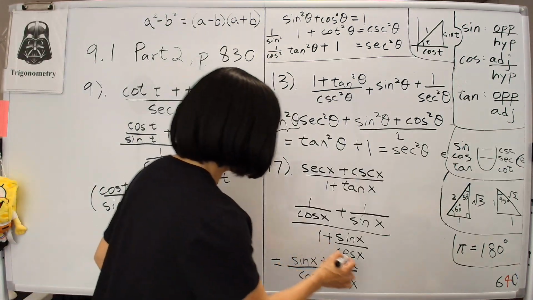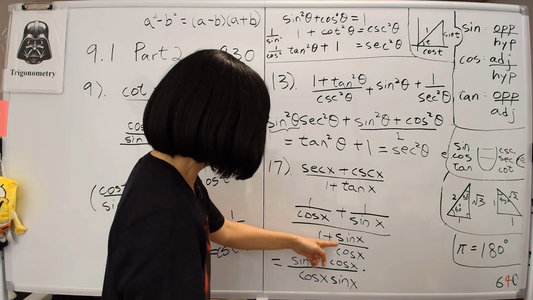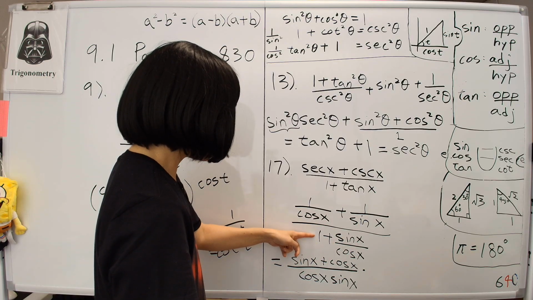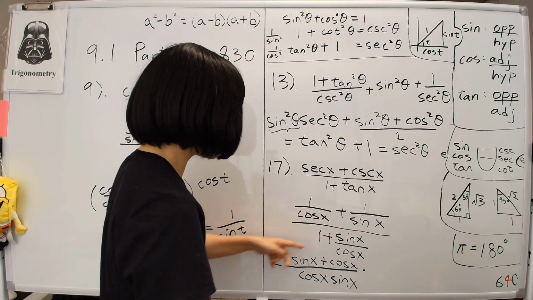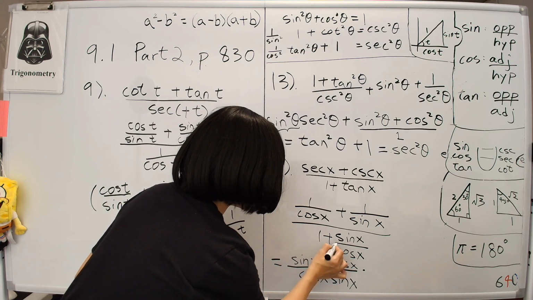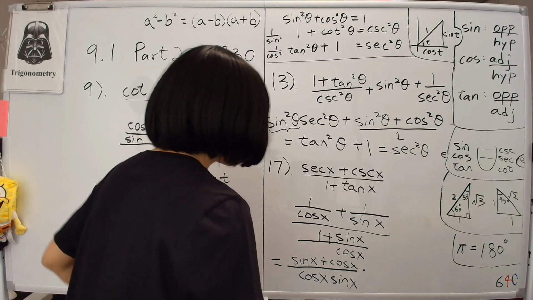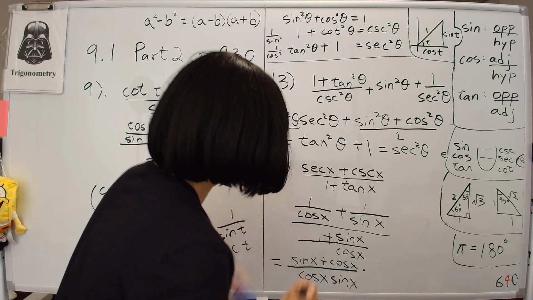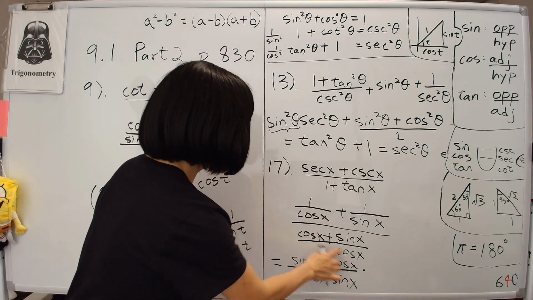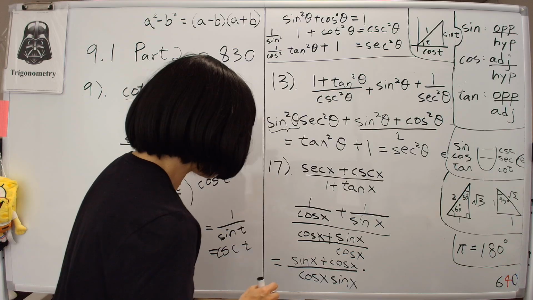Then we turn the 1 into a fraction, and the 1 becomes cosine x over cosine x as well. If we extend this, we can change the 1 into cosine x, because then cosine x cancels out and becomes 1. That's how that works out.